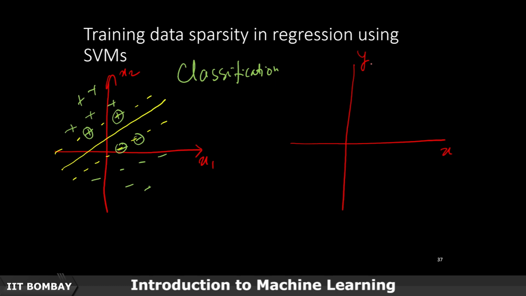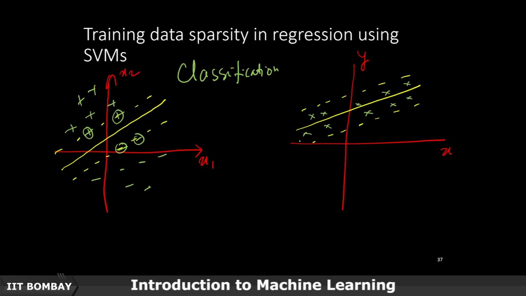Here we want to find a line such that there is a margin around the line, and there is no positive point or negative point, all the points are inside the margin, as if there is a band around the line and they are roughly following the line.